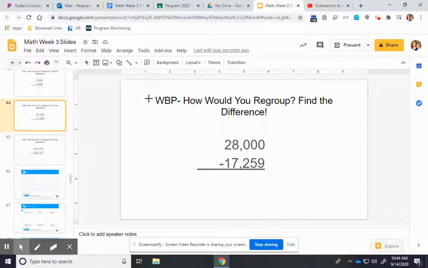So we are going to go ahead and cross out the numbers that we are going to need to regroup, and go ahead and regroup those numbers.